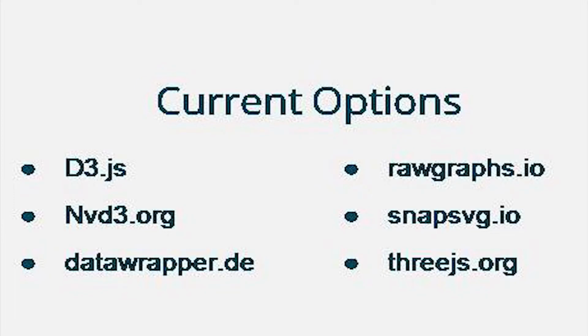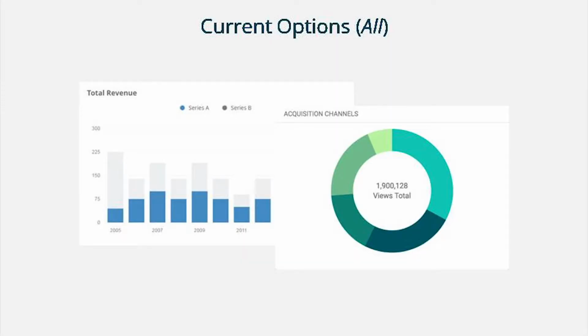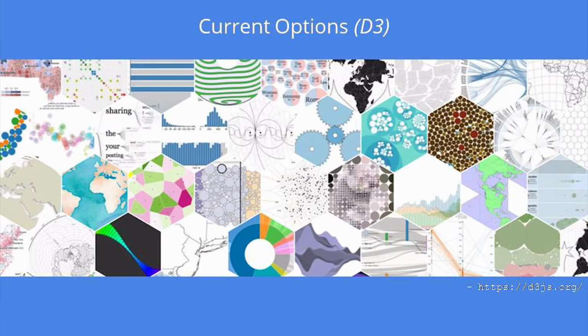So your current options for doing this kind of thing on the web are D3, Three.js, Snap.svg, and so forth. These libraries are best suited for doing these types of visuals. With D3, the granddaddy of all of this, you can do compelling visualization. You can present rich data.